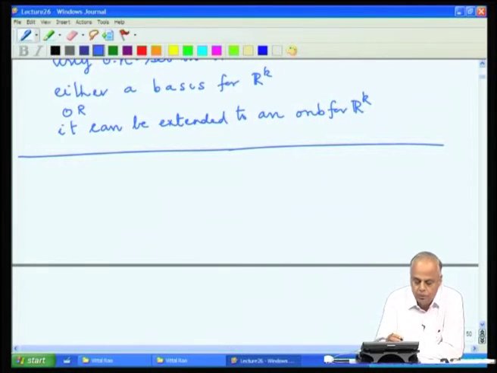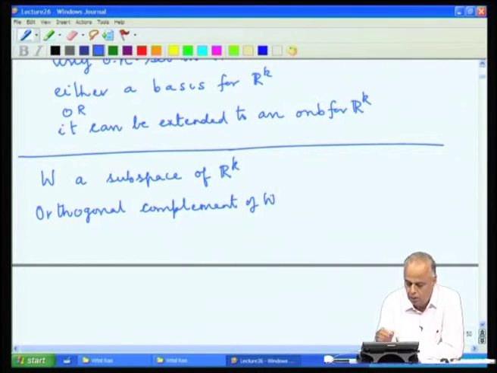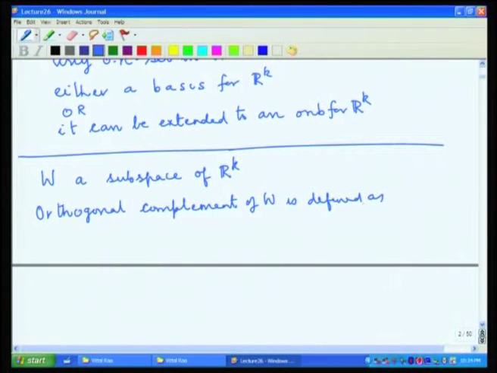So, then we introduced the notion which we looked at last time, namely that if W is a subspace of R k, then the orthogonal complement of W is defined as W perp, that is the notation for the orthogonal complement.